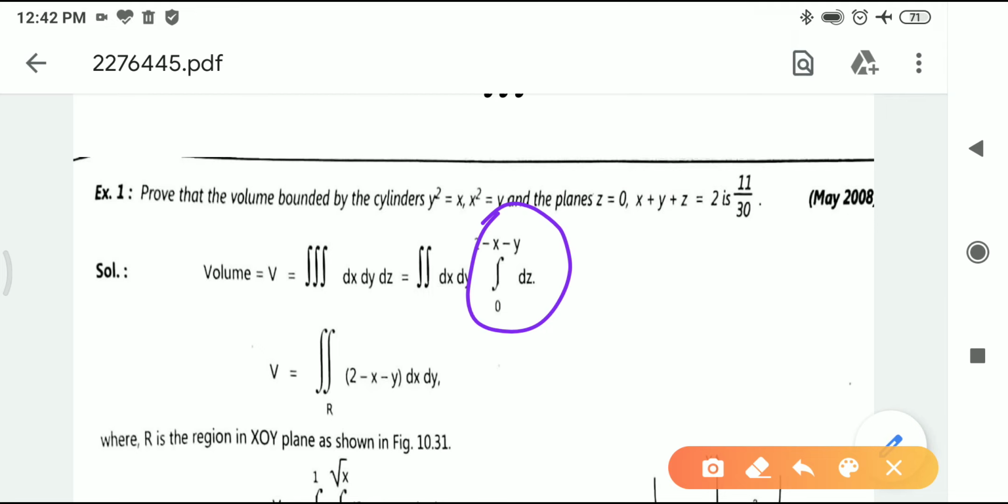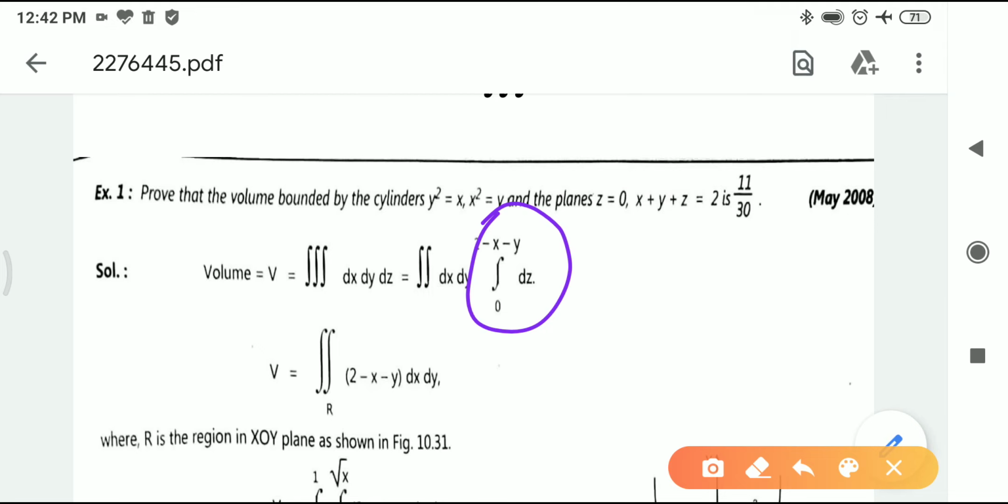So while solving the problems of volume, first of all try to get the limits of z. Now once you have the limits of z, integrate with respect to z, and you are going to get the answer as V is equal to double integration over the region R of 2 minus x minus y dx dy. Now it will convert into double integration.